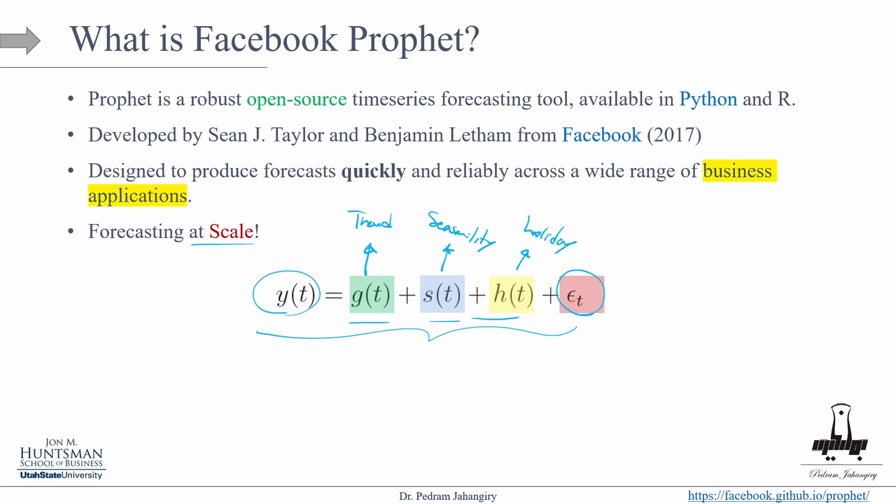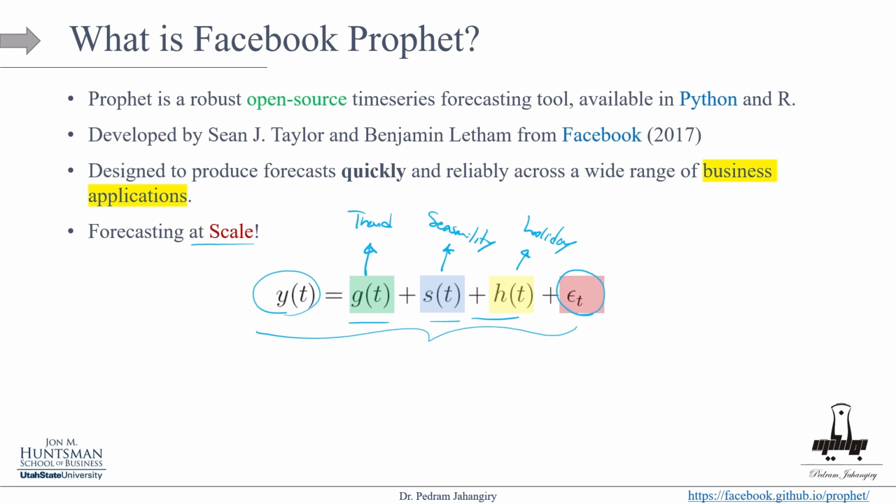We're going to talk about the limitations, and hopefully NeuralProphet is going to fix those limitations. And the third thing they meant by scale was a large number of forecasts, so we could run multiple of these forecasts in parallel and do forecasting at large scale. This is what they had in mind.